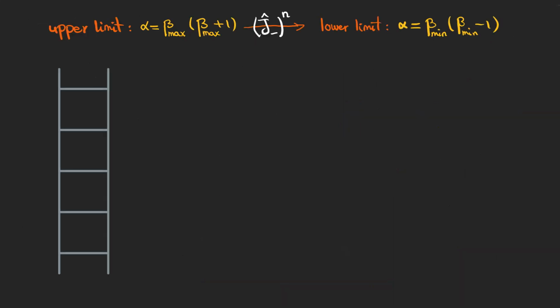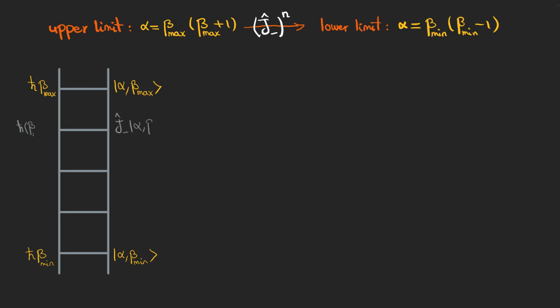We can liken this situation to a ladder in which the upper step is |α, β_max⟩ with eigenvalue of Jz as ħβ_max, and the lower limit is |α, β_min⟩ with eigenvalue of Jz being ħβ_min.